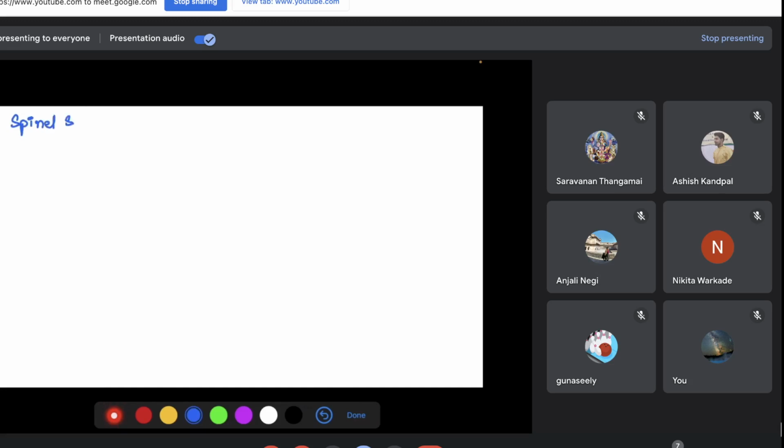Spinel structure is a series of compounds having a combination of two oxides, so it is a mixed oxide of a divalent and a trivalent metal ion.